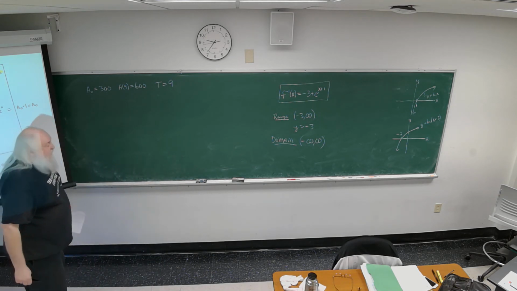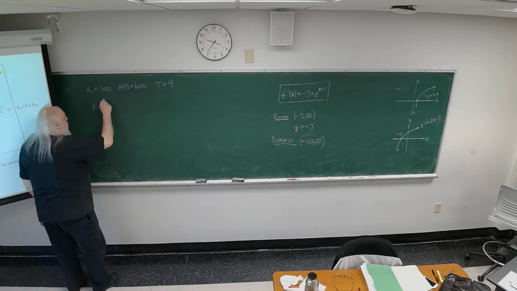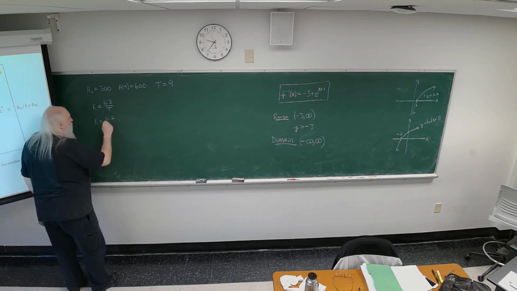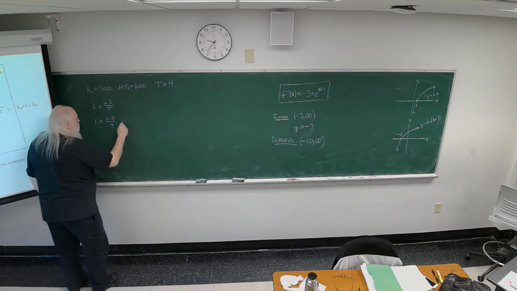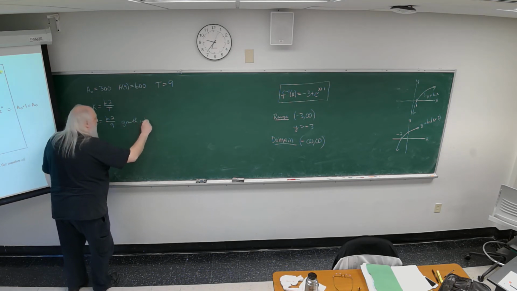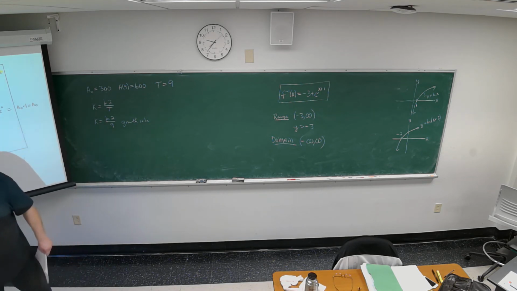So with that information, we can calculate the growth rate for this model. k is equal to the natural log of 2 divided by t, and t in this case is equal to 9. So this is the growth rate. And since we don't use calculators on exams and such, we give exact numbers.